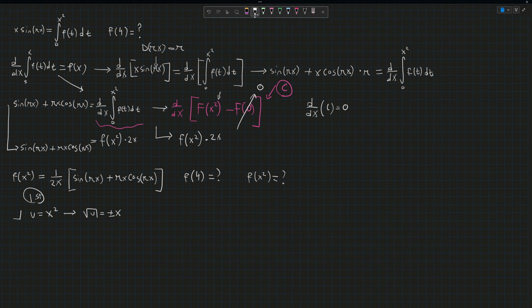And what we could do now is substitute f of u, and for every x it's just going to be the square root of u.